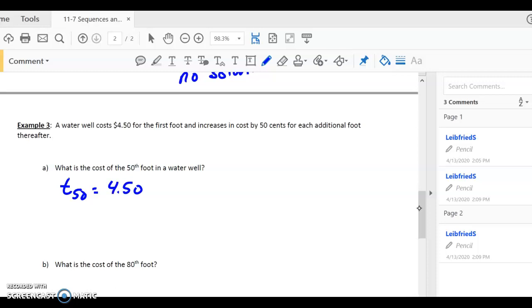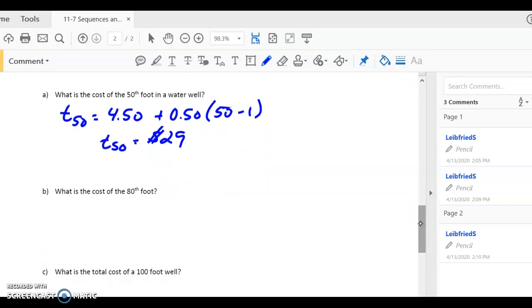We're going to add 50 cents each time. So rather than doing a percentage, we're just adding a designated amount. That's a common difference. Using our arithmetic sequence formula, we use 50 for the nth term, 50 cents for the common difference, and $4.50 for T sub 1. T sub 50 is going to equal $29.